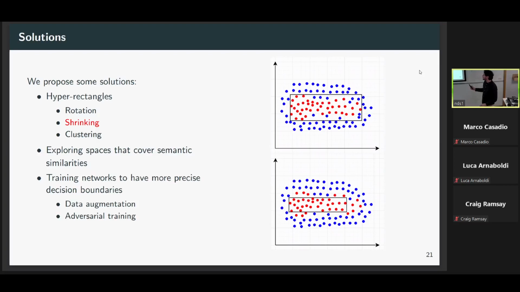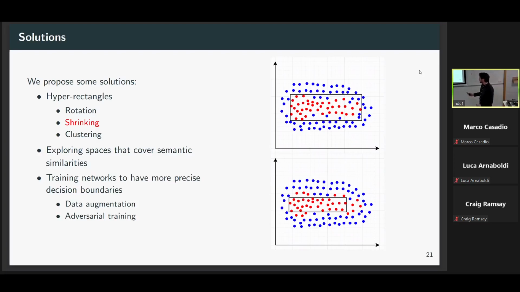So the problem is, if we calculate the hyperrectangle around our positive inputs, we also end up containing some of the negative ones. And the verifier will never output, yes, this is verified, because it already has some inputs from the opposite class inside. So this is the problem. We need to find ways to exclude all the negative points.